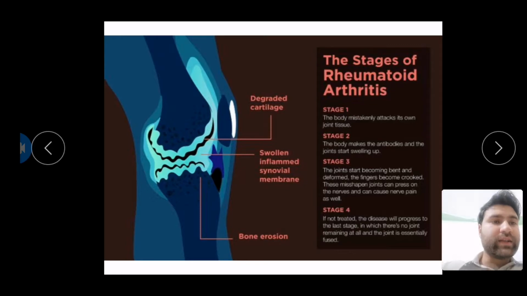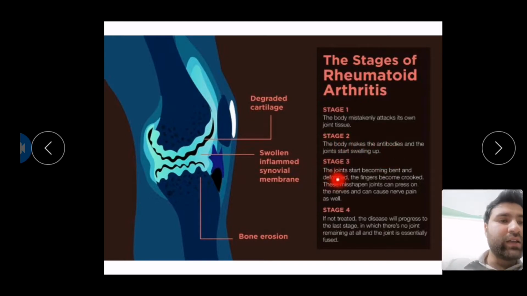There are stages of rheumatoid arthritis. In stage 1, the body mistakenly attacks its own tissue, and in stage 2, the body makes the antibodies and joints start swelling up. The antibodies are formed and joints start swelling up because of inflammation.